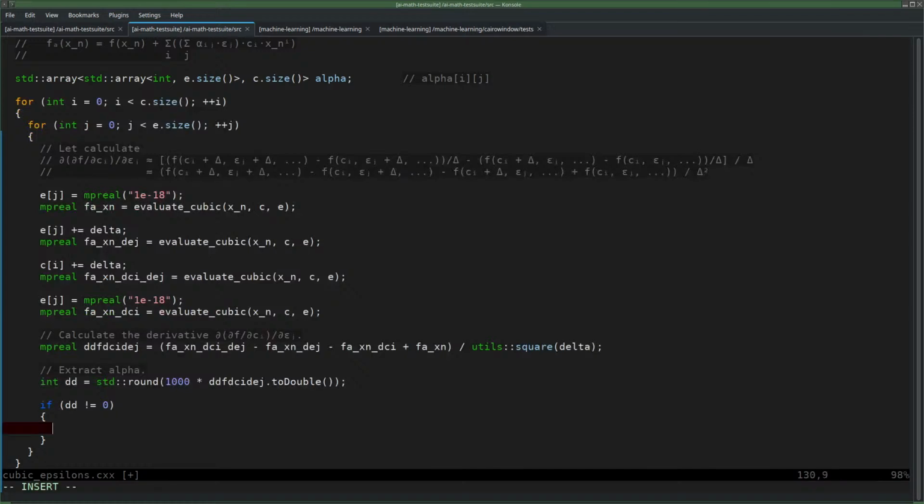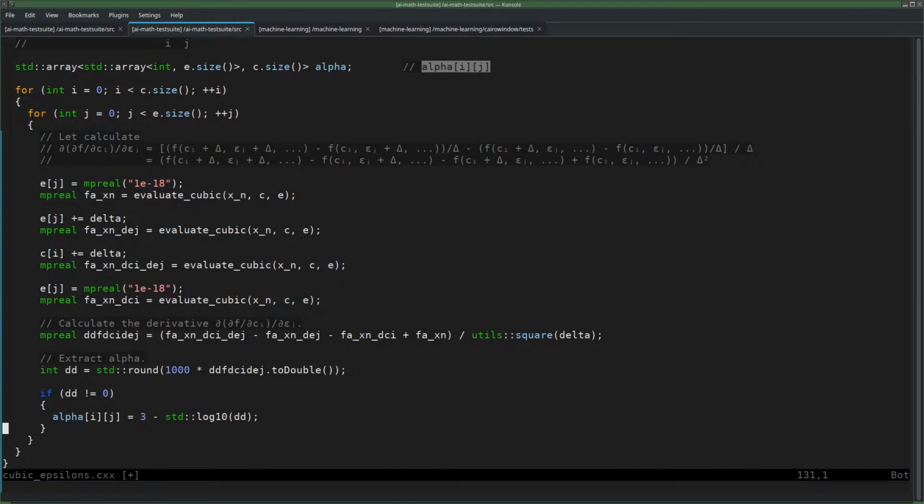And then I want to get the factor. I just might as well dump it in here directly, I think. So this would be like 3 minus the log 10 of dd, I think. No, that's not true. That would be the index.